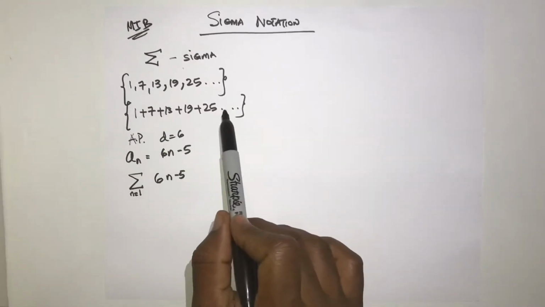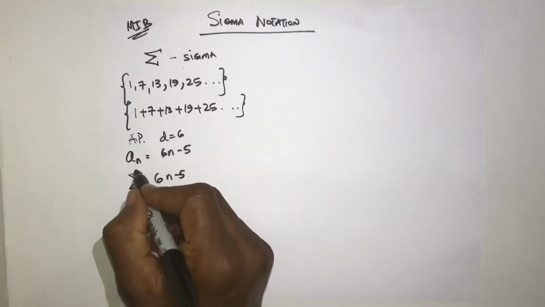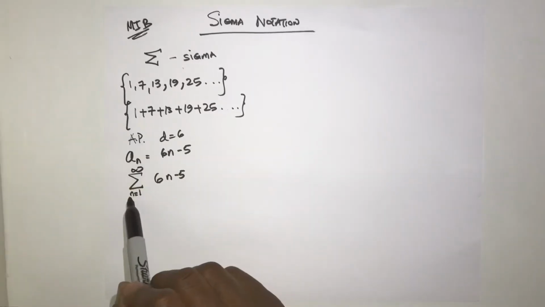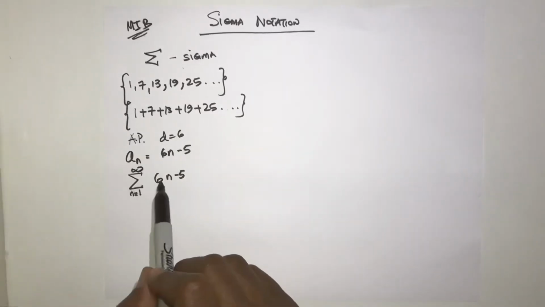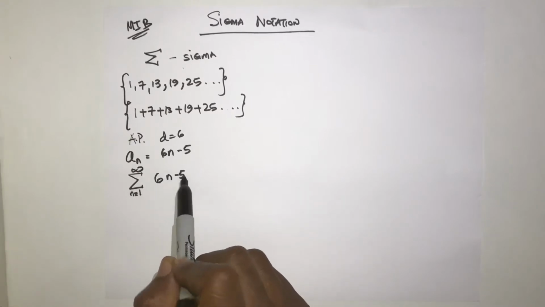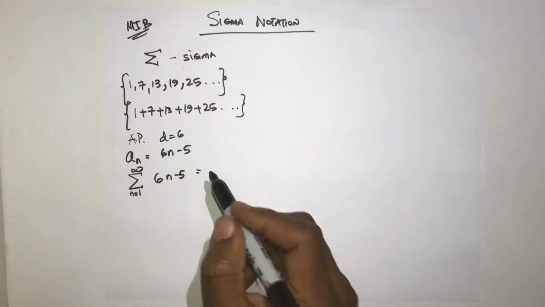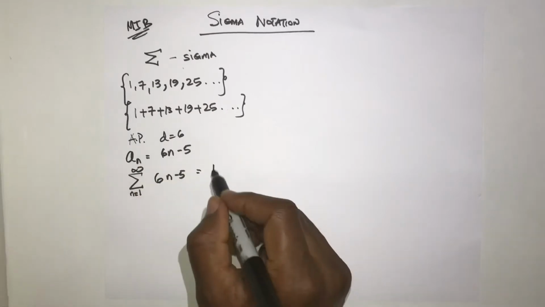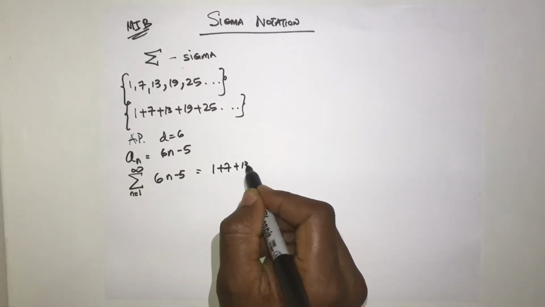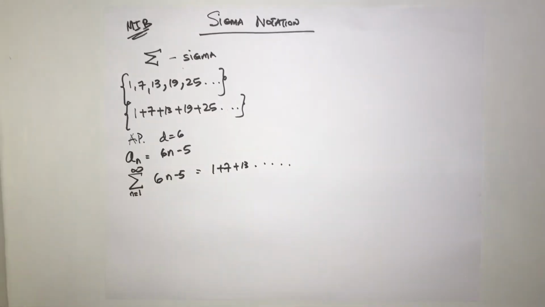And in this case, we are going up to infinity, right? So we are saying that we are summing from n equals 1 to infinity of the function 6n minus 5. And this would be this series, 1 plus 7 plus 13, goes all the way to infinity, right?